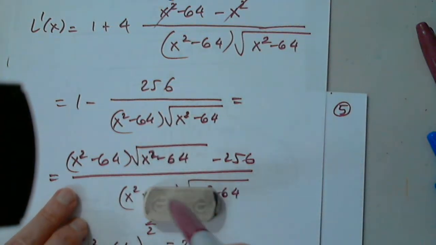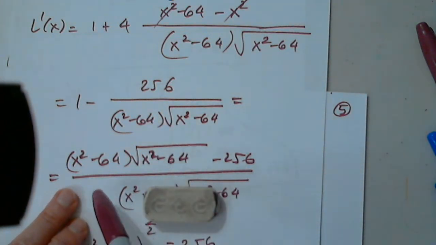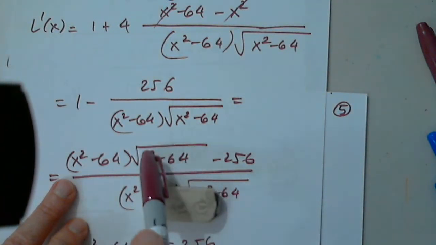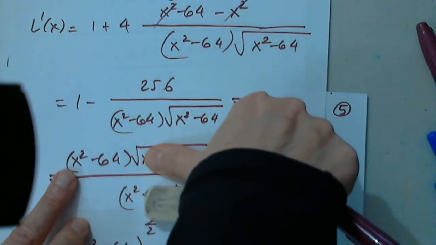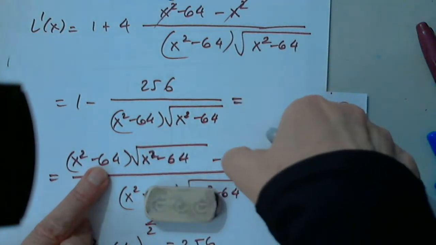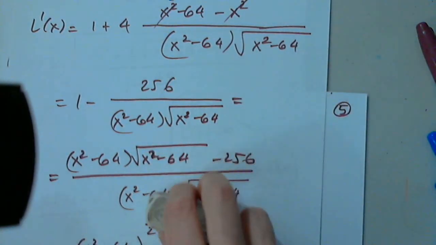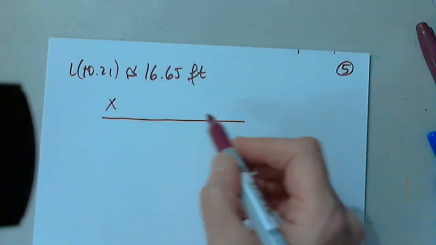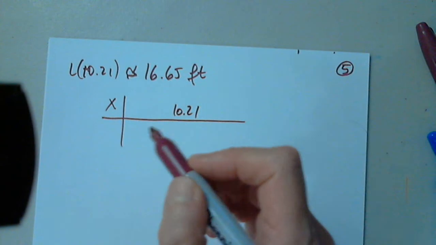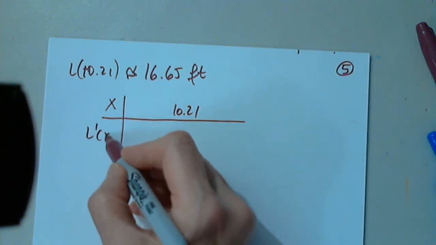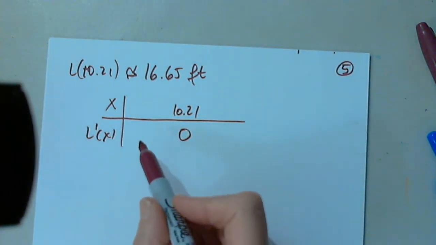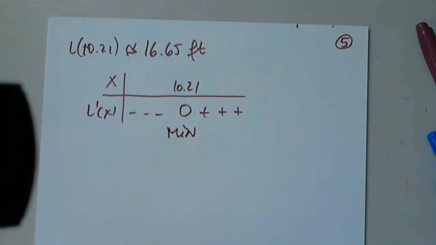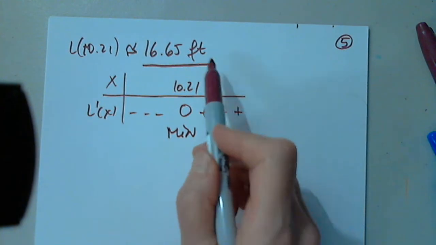When I plug in 9, this is positive, and this will be negative. Yep. So I am certain now that when x is 10.21, L prime of x is negative and then positive. So this gives a minimum. And this is the minimum ladder.